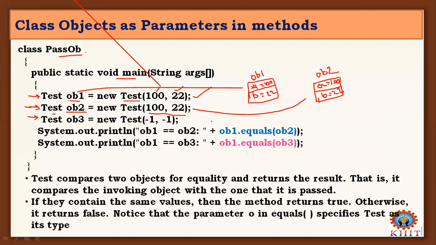What about the third object declaration? What happens when this statement executes?